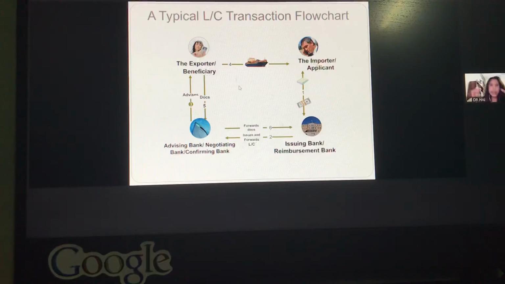Remember, all of you, listen to me, please. Sometimes the exporter and the importer have a black business. Do you know black business? They do black business. Do you understand that meaning? Yes. They sign a contract like I sell the goods to you and you import the goods from me.